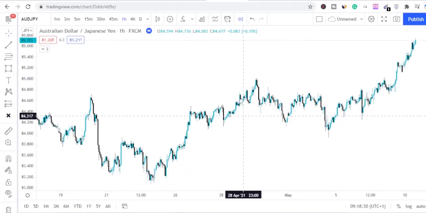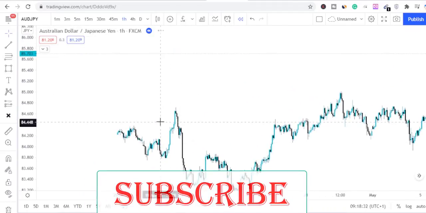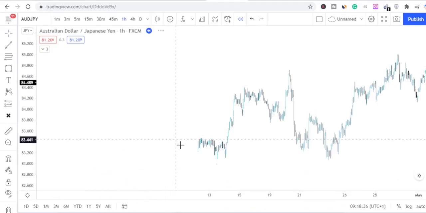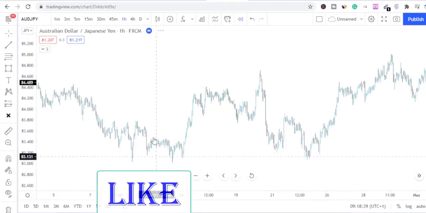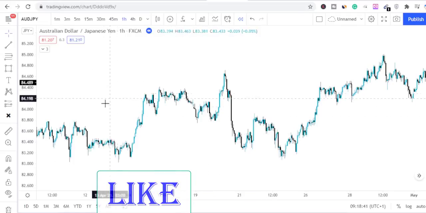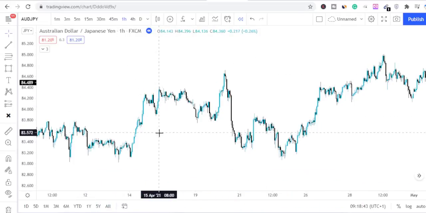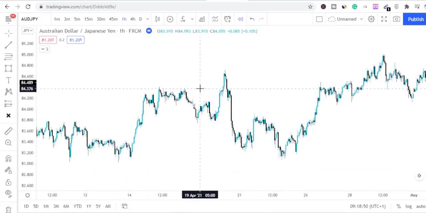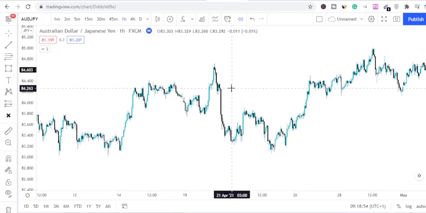So now this is it. From this point here, we will notice that we are currently in a bullish market. Now that we know that, you don't have to buy. Just imagine you buying here, right? That's not good enough.